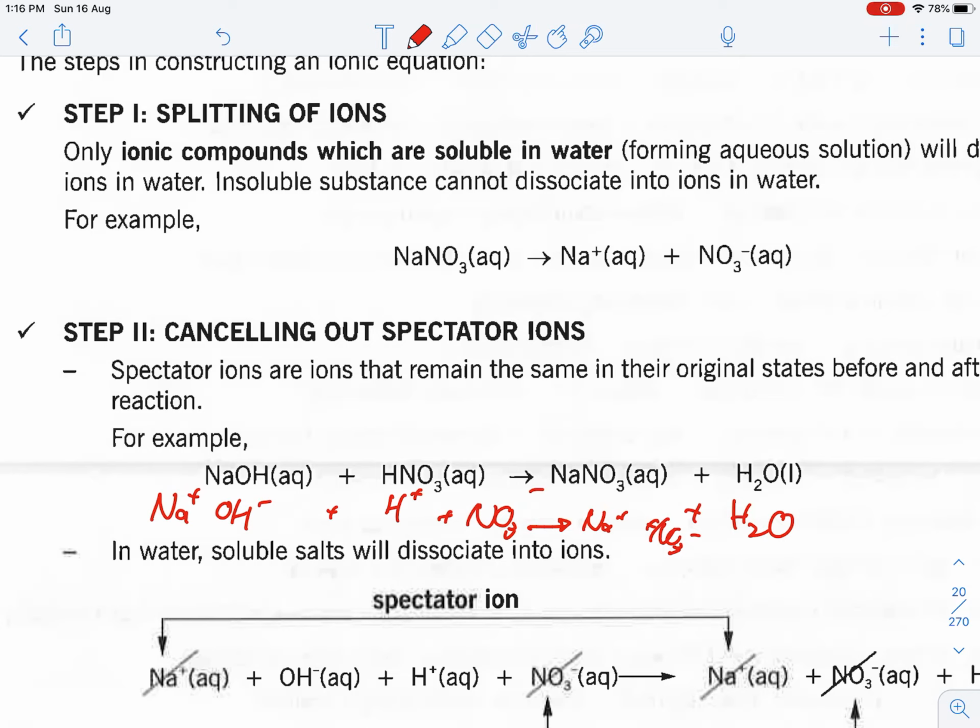Now you see that there are some similar ions on the left side and some similar ions on the right side. So what happens is, if it's not aqueous, if it's a liquid, solid, or gas, it will remain the same molecule. Next, what you need to do is to remove common ions on the left and right side. So Na plus is common with the Na plus here, right? You remove it.